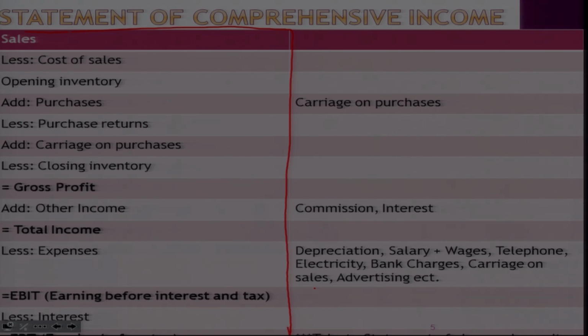So basically, when you get a question, the first thing you need to go and see, did they give me the cost of sales amount? If we gave you the cost of sales amount in the question, don't go and calculate it.